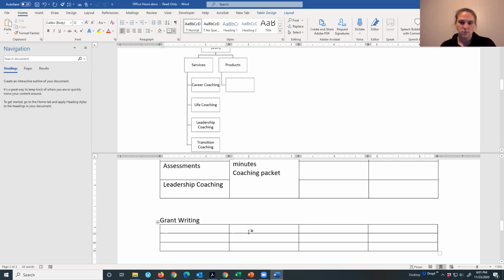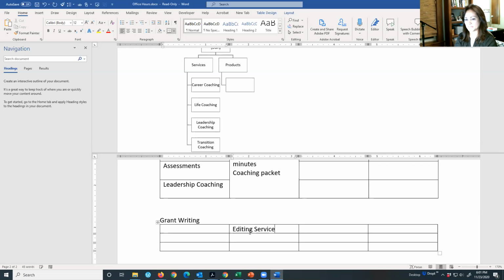There are different ways to do it. Sometimes they won't pay for you to write a full grant, so consider editing services: how much time it takes you to look at something and give feedback. Maybe you'll charge like $30 for one paragraph.